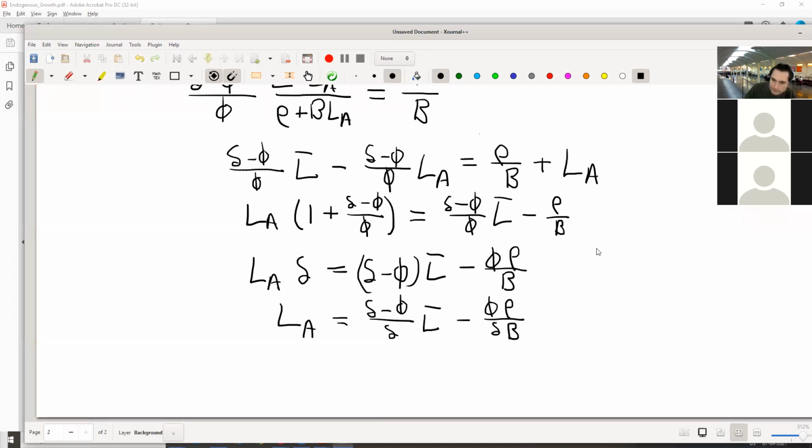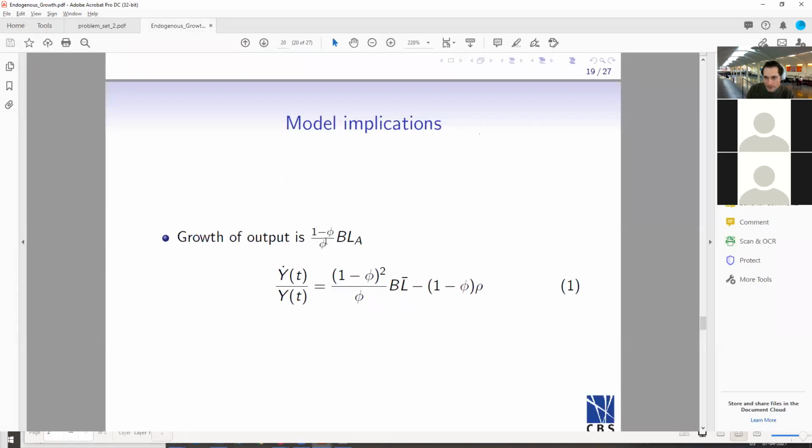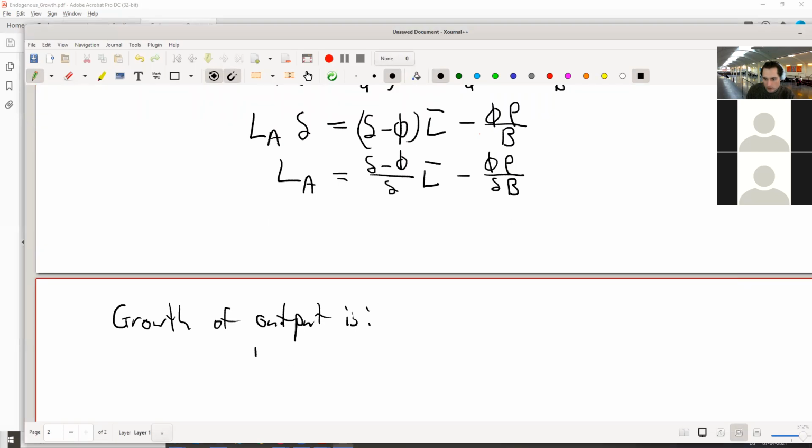Okay, so growth of output is 1 minus phi divided by phi BLA. Okay, plug in our LA there. I'll call this GY.